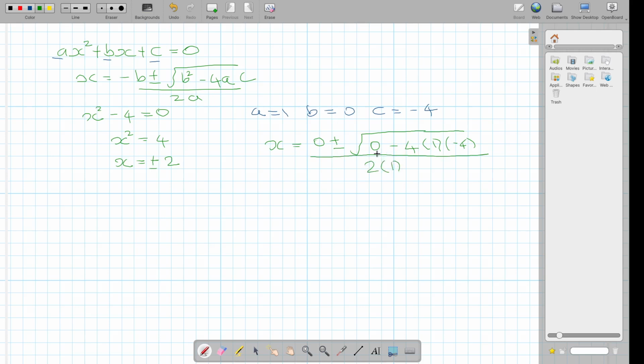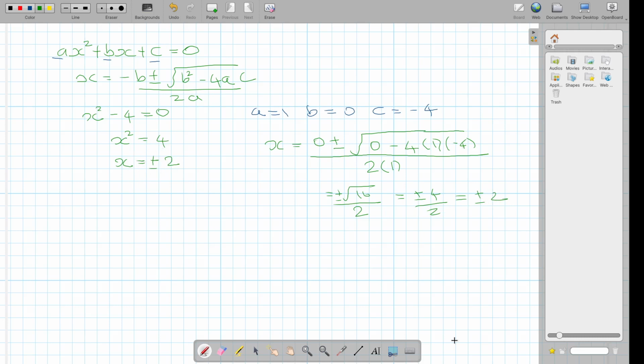So negative 4 times 4 is positive 16. Here we get the square root of 16 over 2, plus or minus. If I take the square root, I get plus or minus 4 over 2, which is plus or minus 2. That means x equals plus 2 or x equals minus 2. So it's the same as this solution.